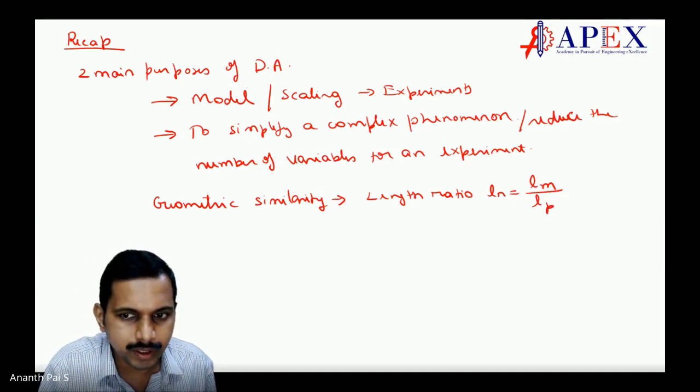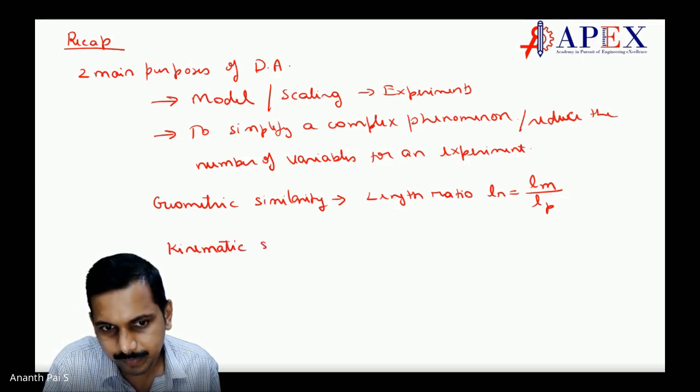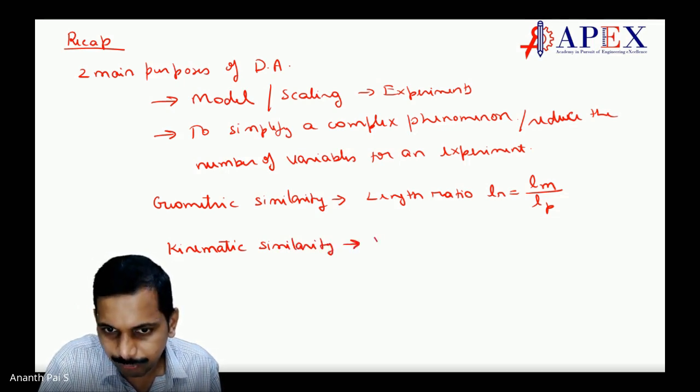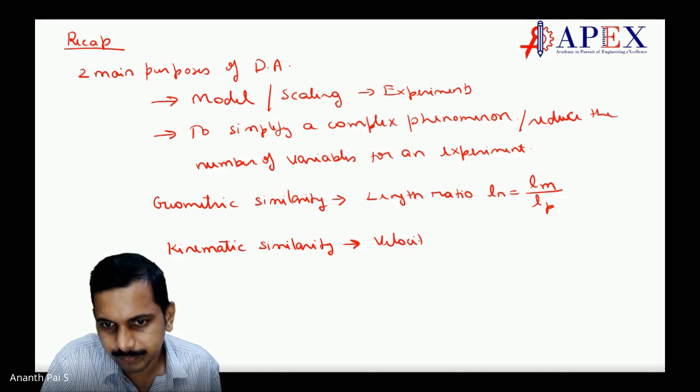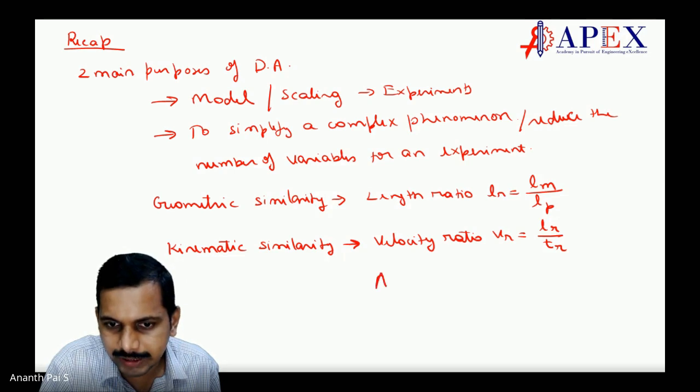Next, we considered kinematic similarity, where we talked about velocity ratio, VR, which was equal to LR by TR. Then we talked about acceleration ratio.